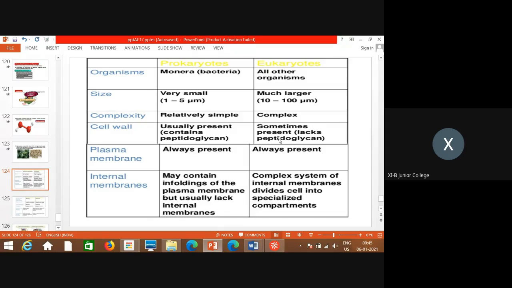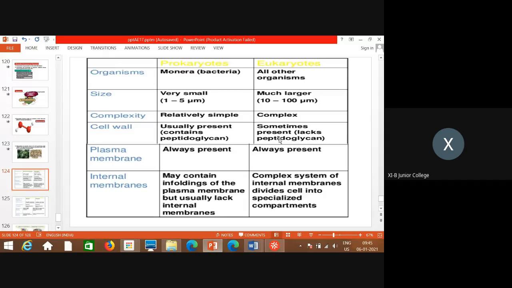Now we will be discussing the difference between prokaryotes and eukaryotes. Which type of organisms are seen in prokaryotes? Monera. Most of the bacteria come under prokaryotes, and all other remaining organisms come under eukaryotes.